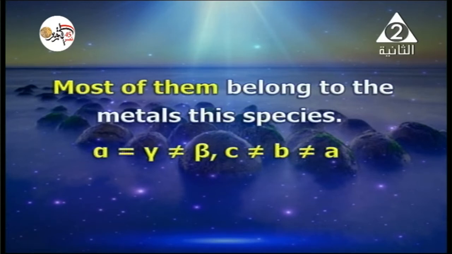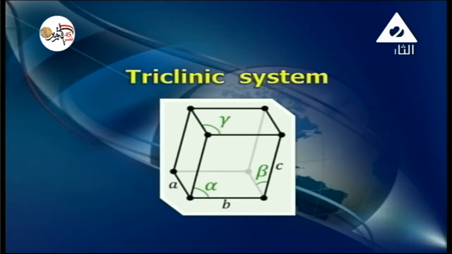Also we have A is not equal to B is not equal to C. This property is quite similar to the rhombohedral crystal, but the angle is normal in the rhombohedral crystal. It's not different as in the monoclinic crystals.